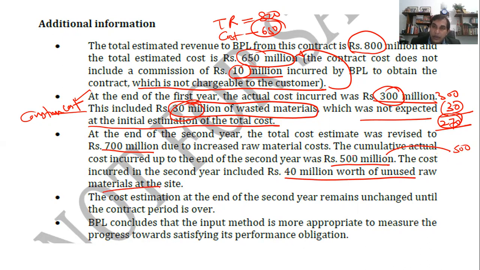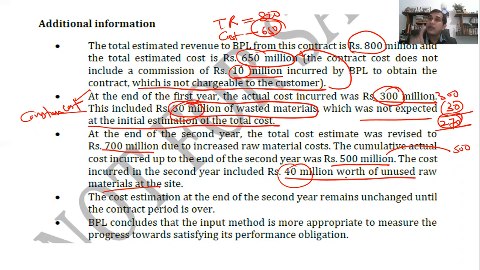This 500 is the accumulated figure. It includes this 300 as well. This 40 million is unused raw materials, so that is not an asset for the customer.